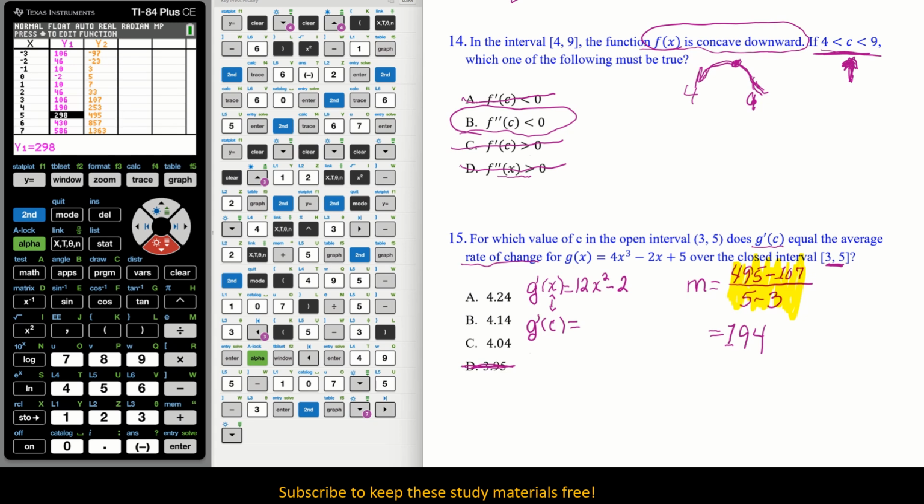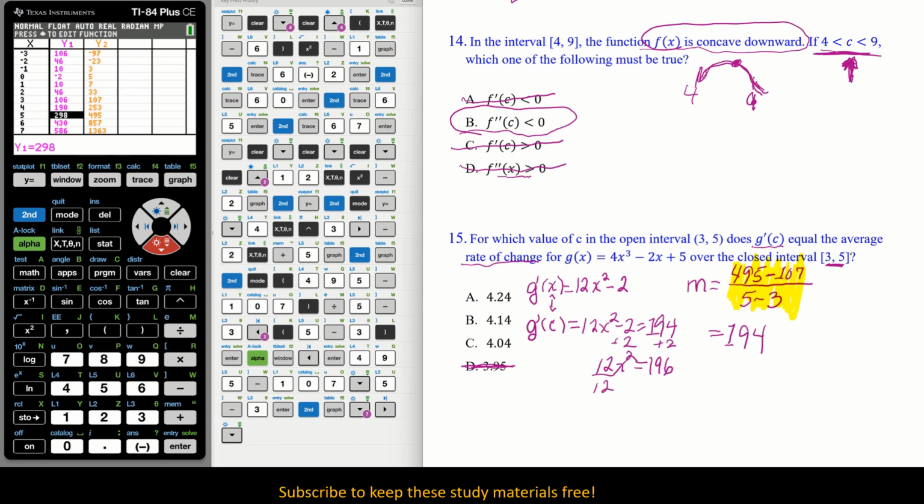We could get this manually by saying 12x squared minus 2 equals 194. Then we have 12x squared equals, adding 2 on both sides, 196.